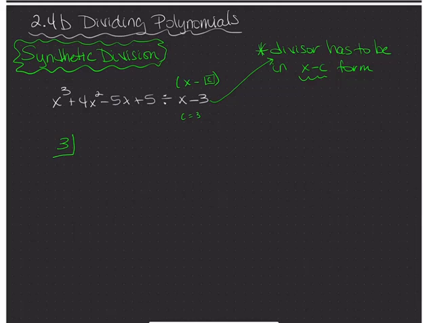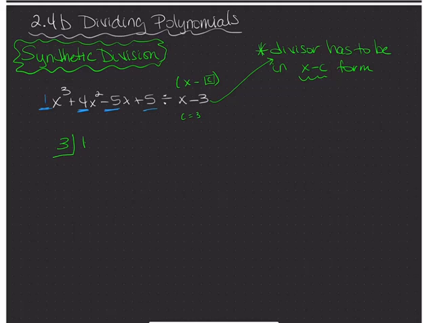Here I have x to the third. What's technically my coefficient out front? Really, it's a 1. There is a 1 there, we just don't write it. In front of x squared, I have a 4. In front of my x, I have a negative 5. And then the whole number is my 5. Now I'm going to write each of those coefficients with a little space in between to keep them separated.